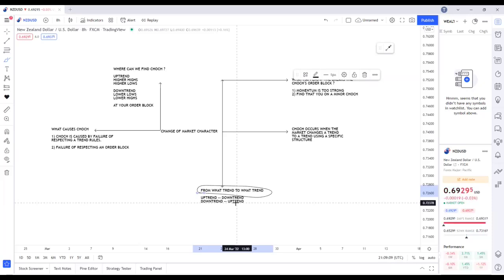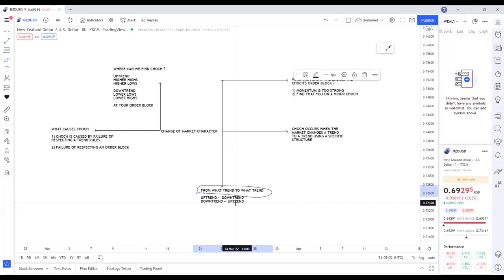A change of market character on an uptrend can always be found on higher highs and then higher lows. So we mostly look for change of market character within those zones. Don't worry, I'll explain how you find those zones. On a downtrend, you're going to find them on your lower lows and lower highs.